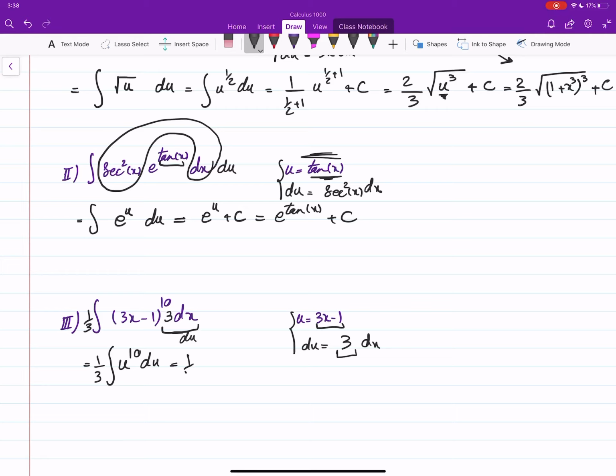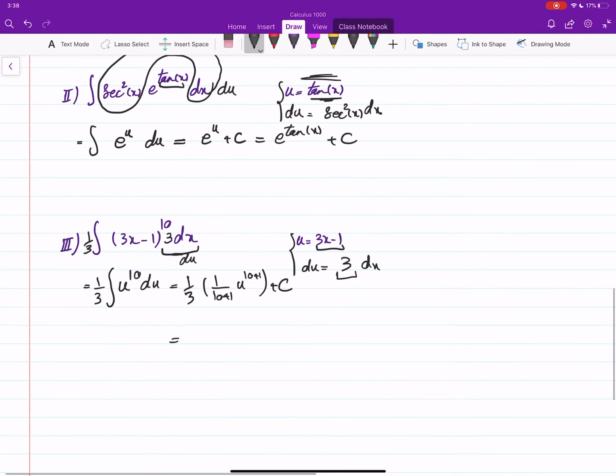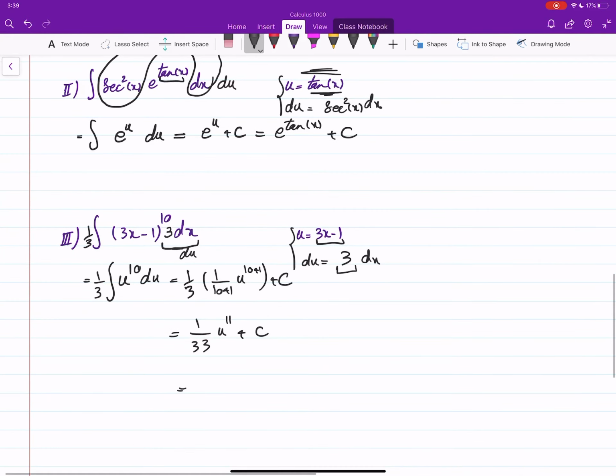So here 1 over 3, then 1 over 11, this is the power rule again, and then plus c. We are not done. Let me put this one: 1 over 33 u to the power 11 plus c. And this is not done until I put back x. Instead of u, you plug in 3x minus 1 to the power 11, in the denominator we have 33, plus c.